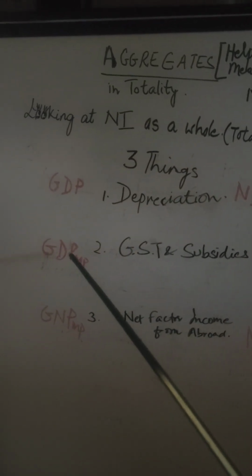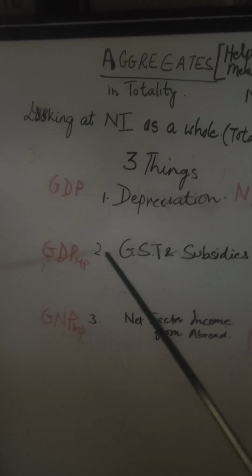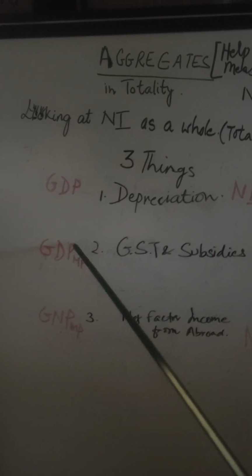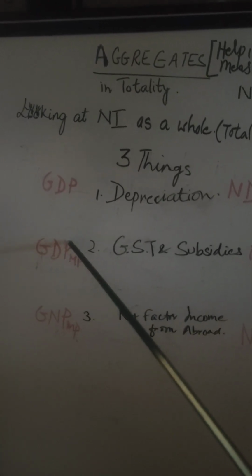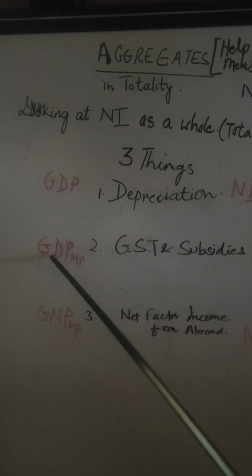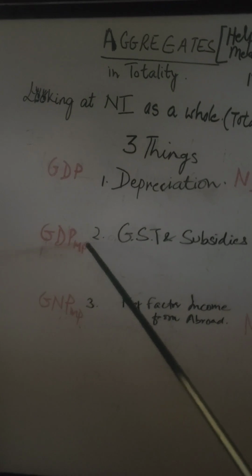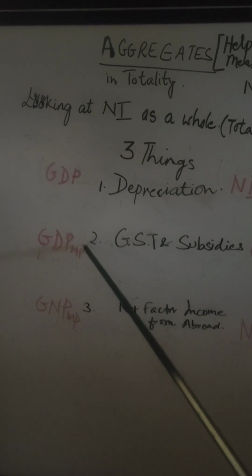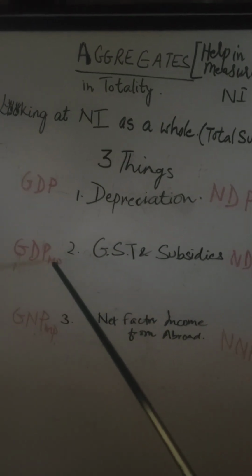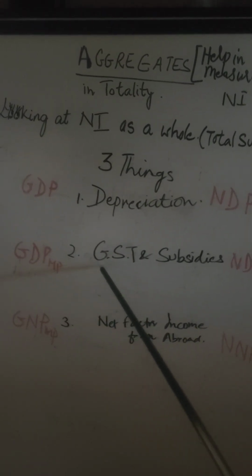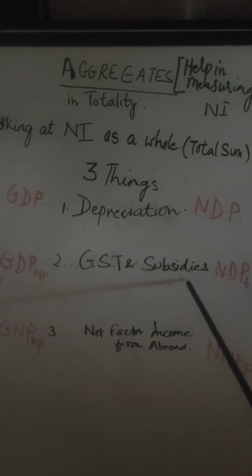So going further, another aggregate, GDP MP. Now you've understood domestically produced final goods and services in a given year. So domestic product is gross, meaning the value of depreciation is added, but there's something known as market prices. So what is this market price? Once a product goes to the market, it is slapped with some indirect taxes, and sometimes it's given subsidies.